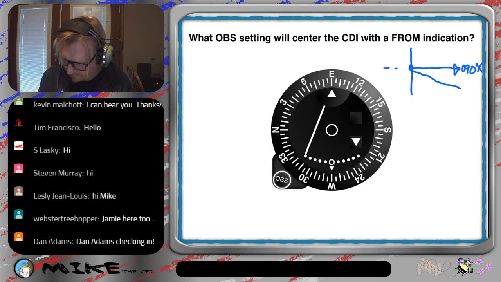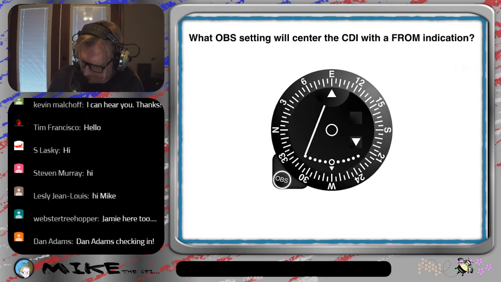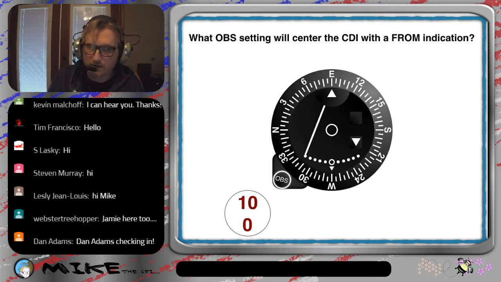How far over? Well, 10 degrees over. So that means that if we tune the OBS to 100, that would center that up with a from indication. We're going to pretend that that says 100.